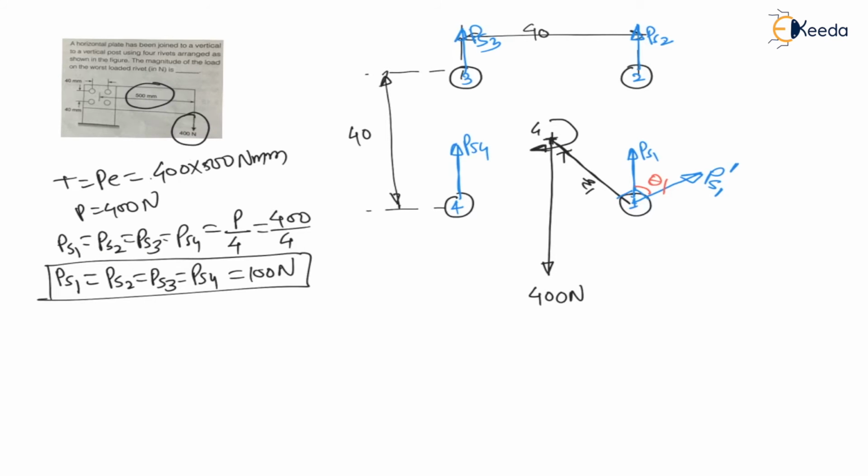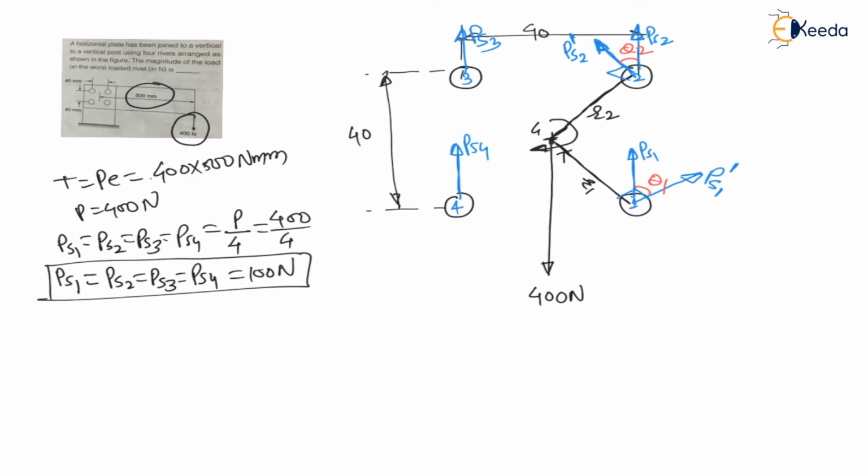Now similarly, on rivet number 2, at distance radius, let us say R2, there will be a force acting in perpendicular direction to this radius, which must create anti-clockwise torque, therefore it is PS2 dash. Now this is perpendicular to radius, and the angle between PS2 and PS2 dash is theta 2.